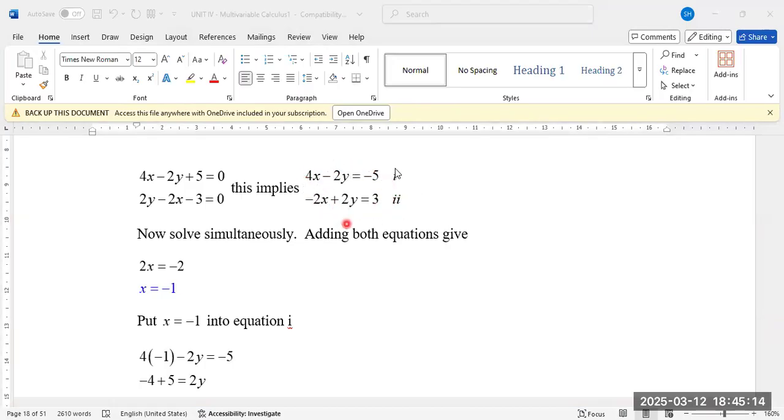I have my pair of simultaneous equations here, and I'm solving simultaneously.